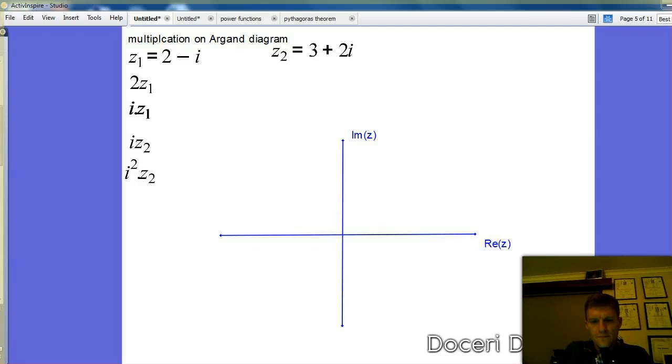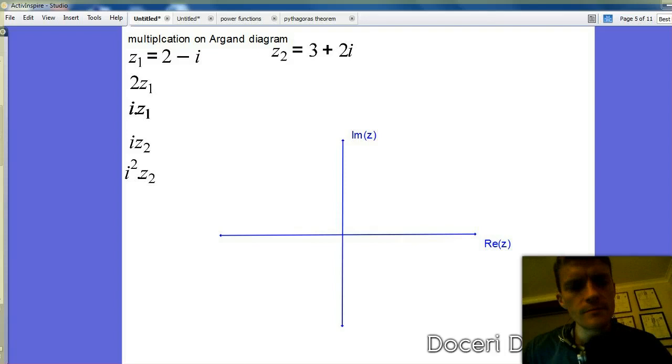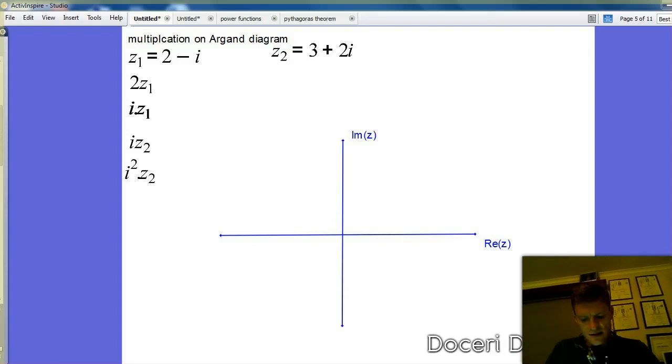Here we have the first one, 2 multiplied by z1. Remember, that's what we call scalar multiplication, just a whole number 2 multiplied by the complex number, so we get 4 minus 2i.